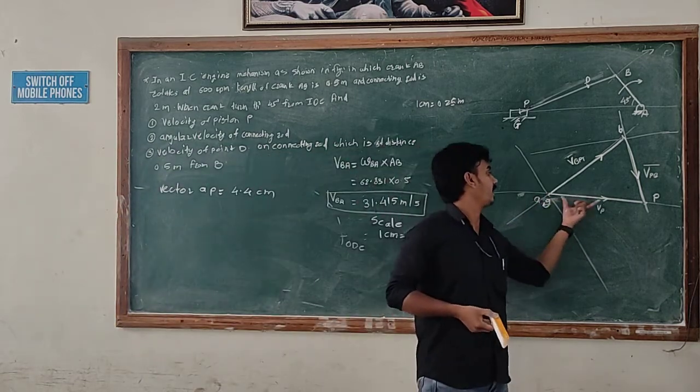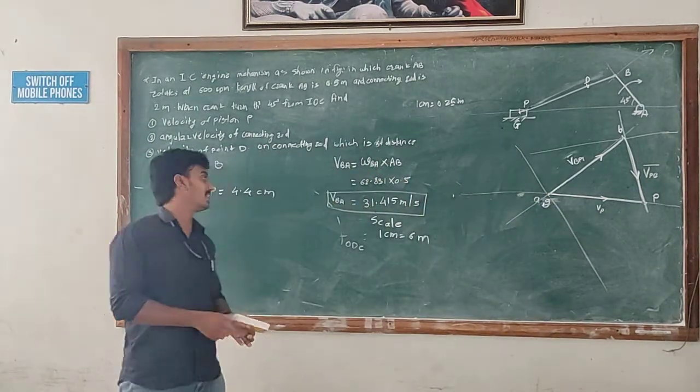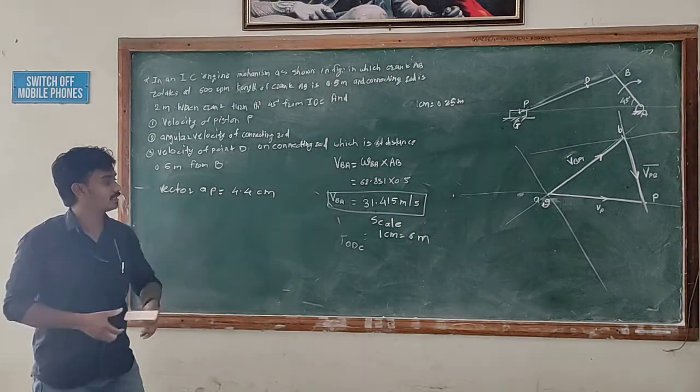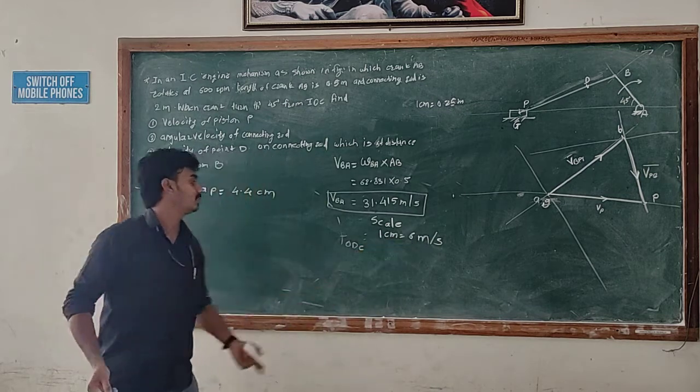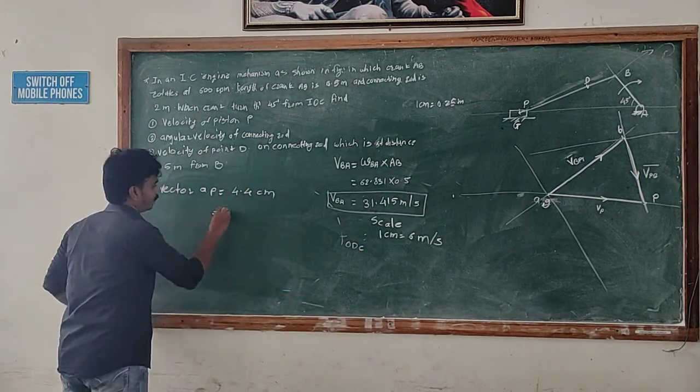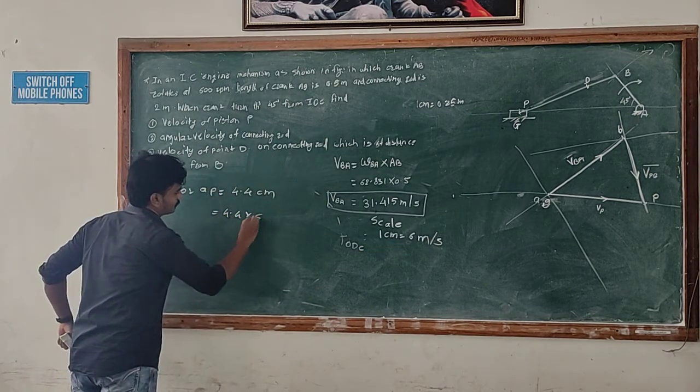Multiply this by the scale 6, so we will get 4.4 into 6.